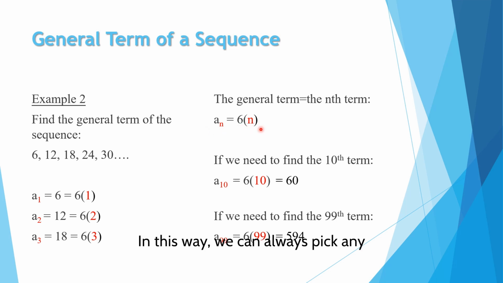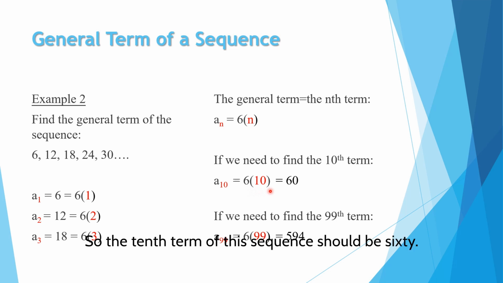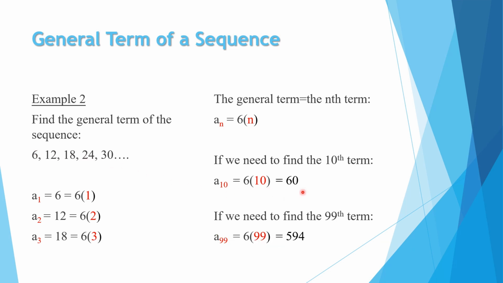In this way, we can always pick any specific term to find out. Like, if we want to find the 10th term, a10, then it's 6 times 10. So the 10th term of this sequence should be 60.